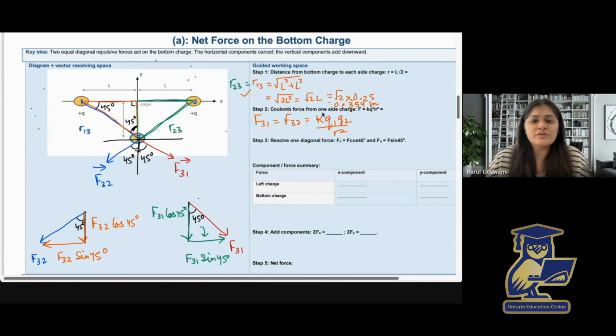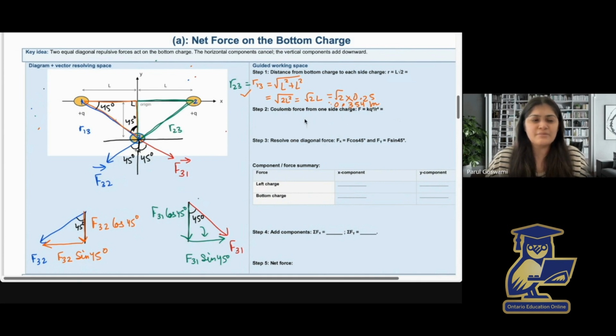For F31, Q1 Q2 is charge 1 and charge 3, which is plus Q and plus Q. And for F32 also we have Q and Q. So the magnitudes of the charges are the same and the distances between the charges which we have calculated, R13 and R23, are the same. So these two forces are going to be the same, and the magnitude we can calculate using Coulomb's law.